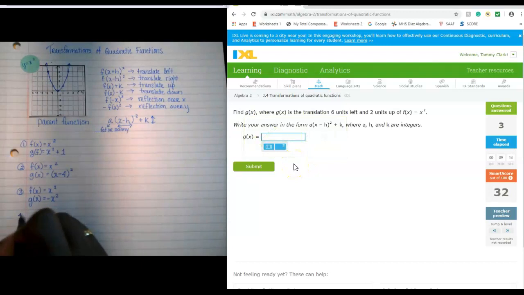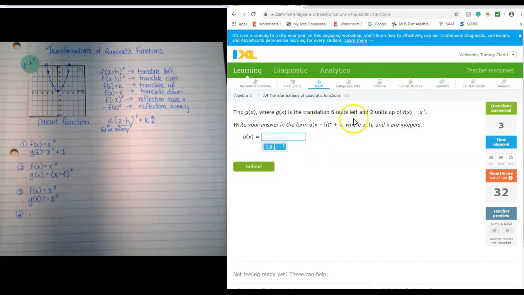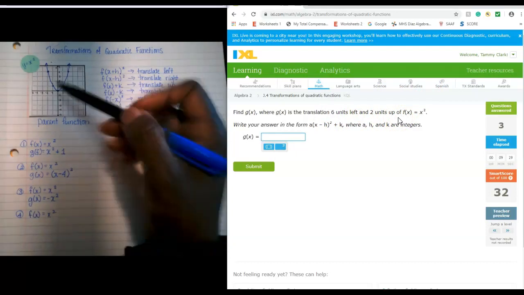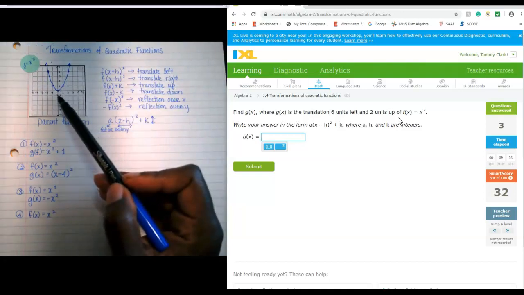Number 4, find g of x, where g of x is a translation 6 units left and 2 units up of f of x equals x squared. So we have f of x is equal to x squared. It's our parent function. And what it's saying is, okay, it moves 6 units to the left.